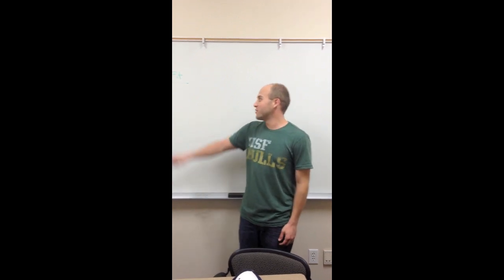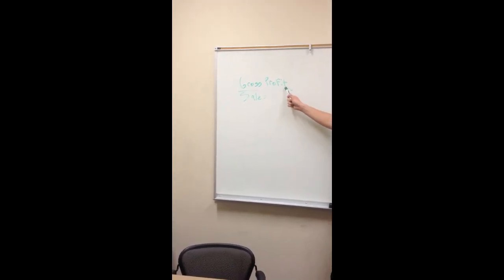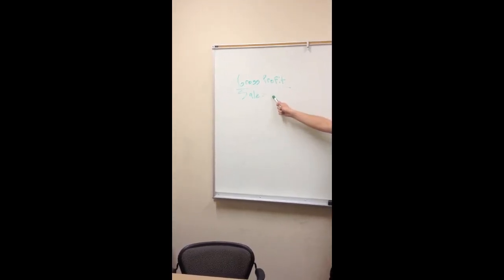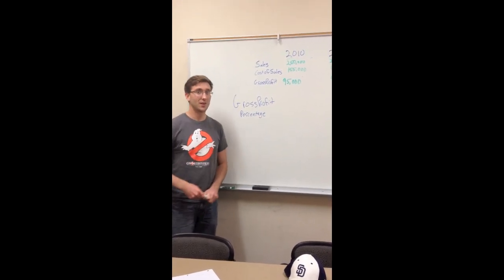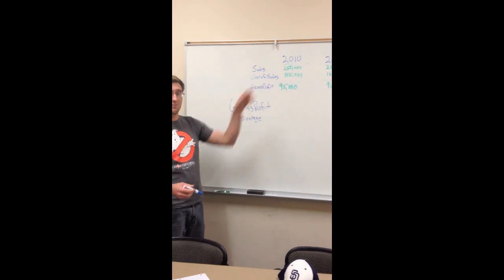Under the installment sales method, revenue is recognized using a gross profit percentage applied to the cash collected during that period. The gross profit percentage is computed this way: gross profit for that year over sales for that year. So now we're going to compute the gross profit percentage for each year, starting in 2010.